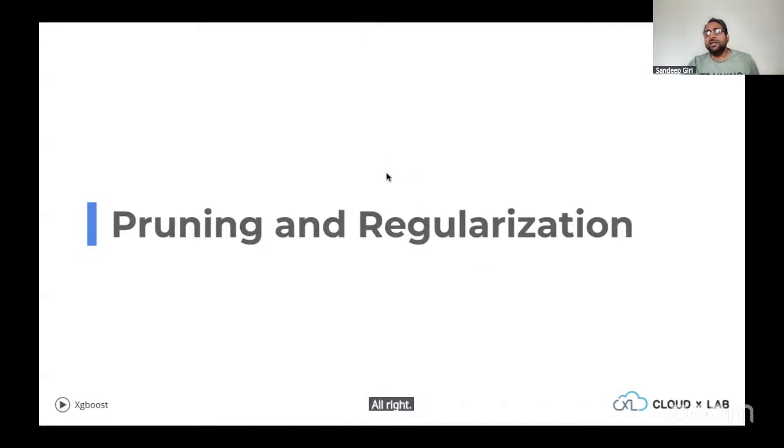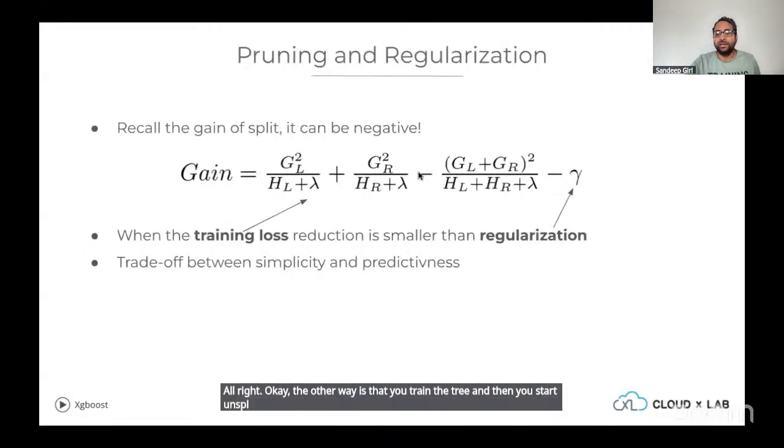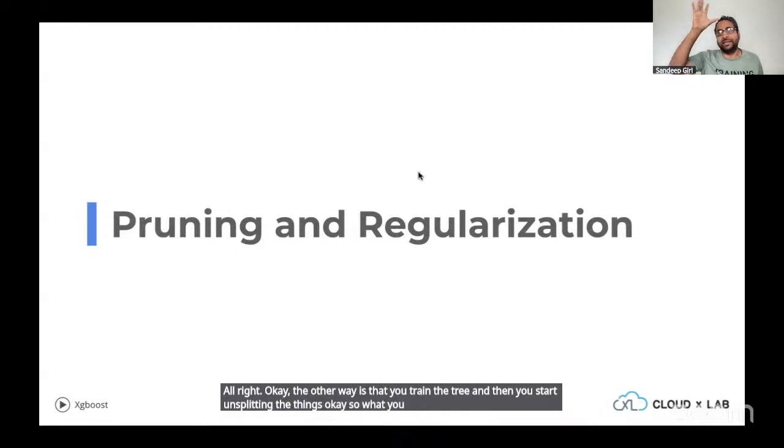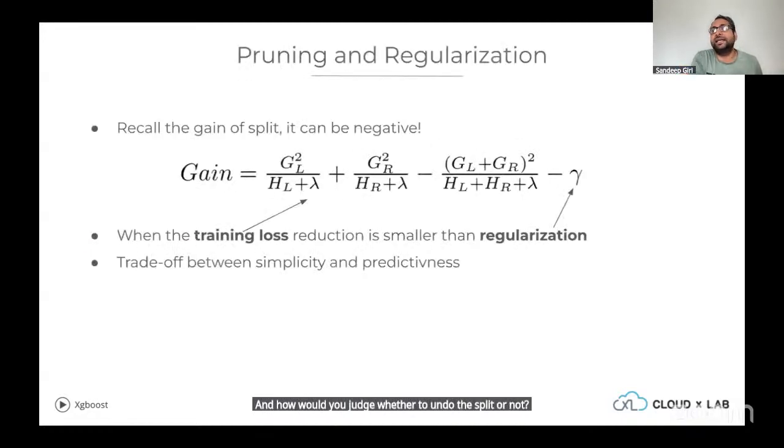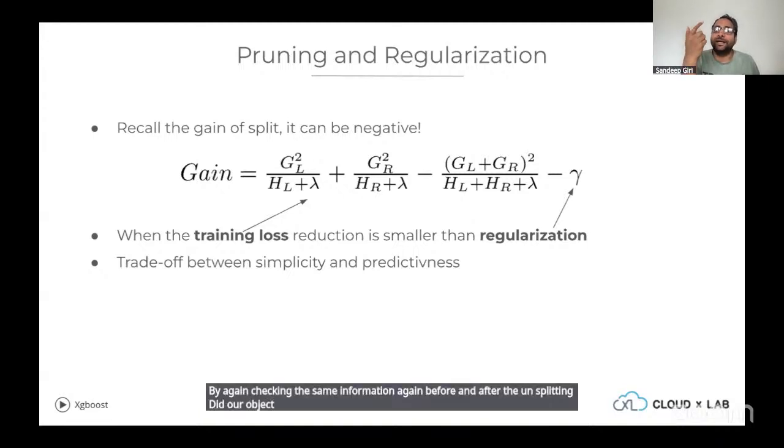The other way is that you train the tree and then you start unsplitting things. You create a tree first, and once you finish creating the tree, you go up and undo the split. How would you judge whether to undo the split or not? By checking the same information again: before and after the unsplitting, did our objective function get better or worse?